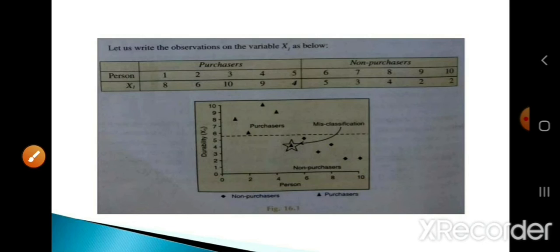Next, we take the next characteristic, that is performance, to discriminate between these two groups. If we plot the person versus performance, we will see two points, one from purchaser and one from non-purchaser, that will be identified as misclassification.